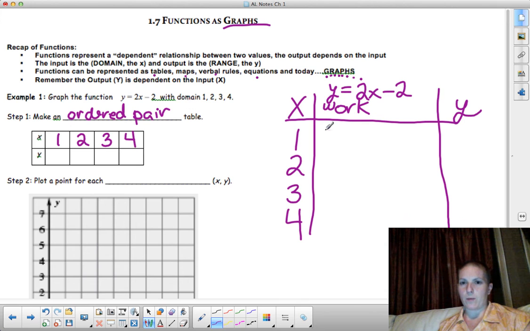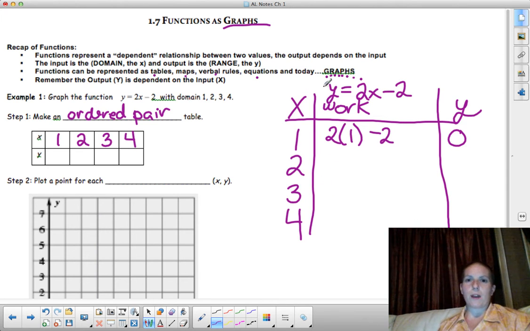So to find y we need to do twice the x value, and in this row that's 1, then subtract 2. 2 times 1 is 2, and 2 minus 2 is 0. I'm pretty confident that you know how to finish this table, so go ahead and pause it and finish the table.